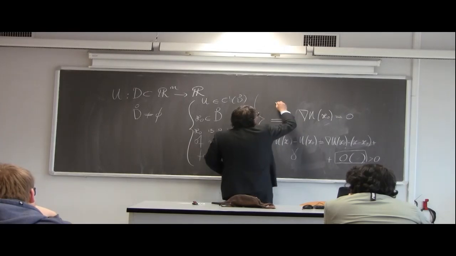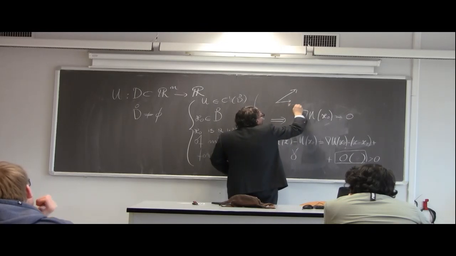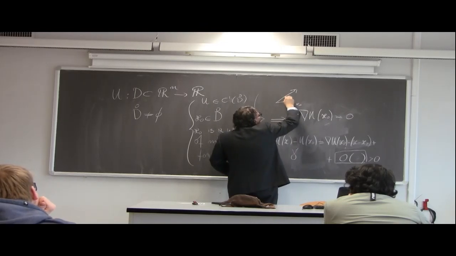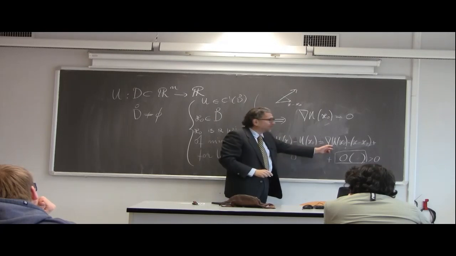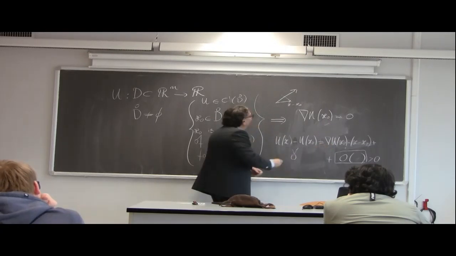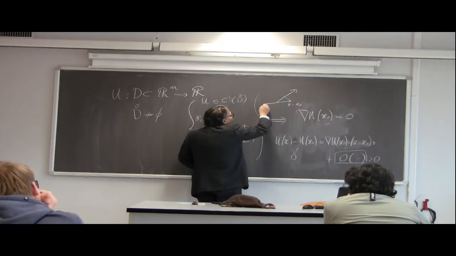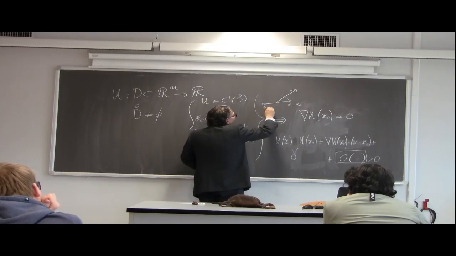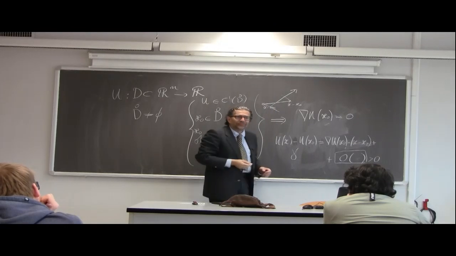If I have a grad u, I take this x minus x0 and I get that the inner product is positive. I take minus x minus x0 and this inner product is negative.